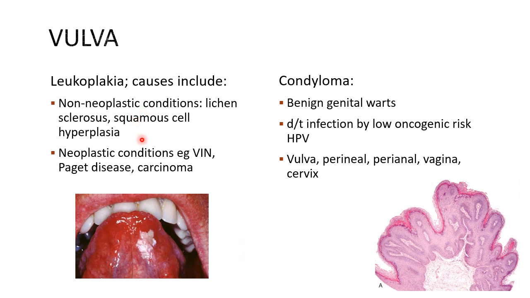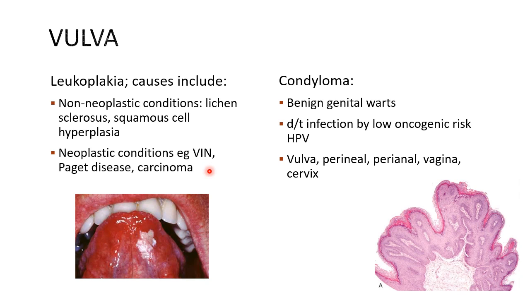So it can be a presentation of several conditions, be it non-neoplastic or neoplastic. Examples of non-neoplastic conditions include lichen sclerosis, which is an inflammatory condition, or squamous cell hyperplasia, which is a reactive condition. However, because leukoplakia is quite non-specific, you can't really tell the difference between leukoplakia in a non-neoplastic condition versus neoplastic conditions.